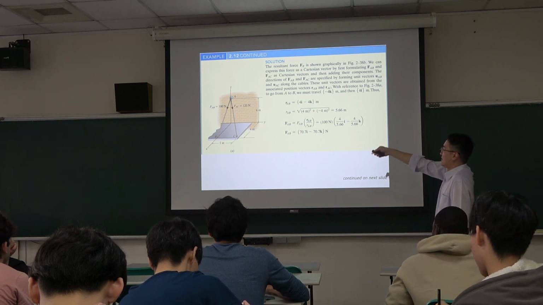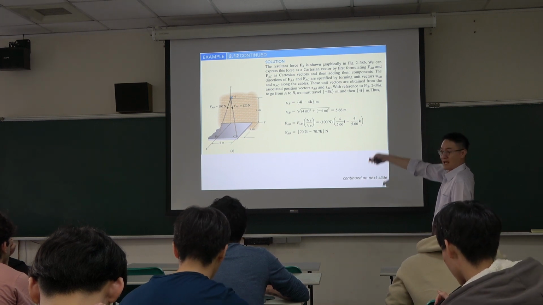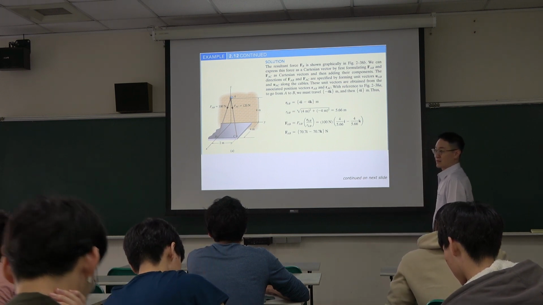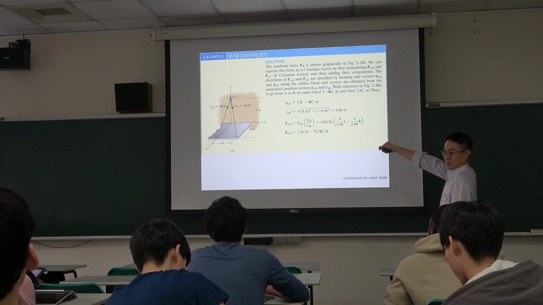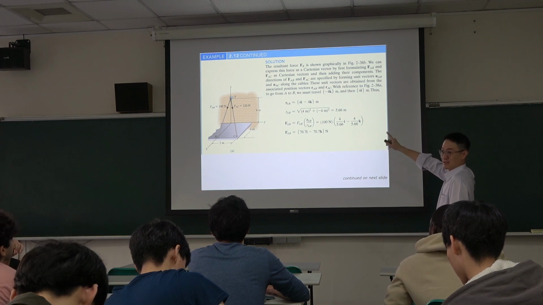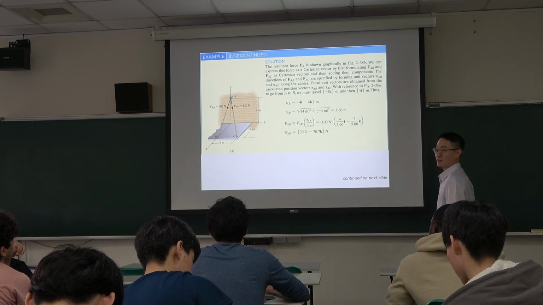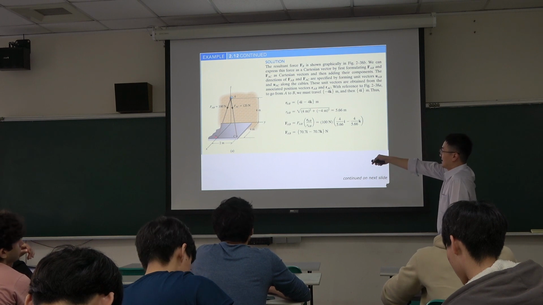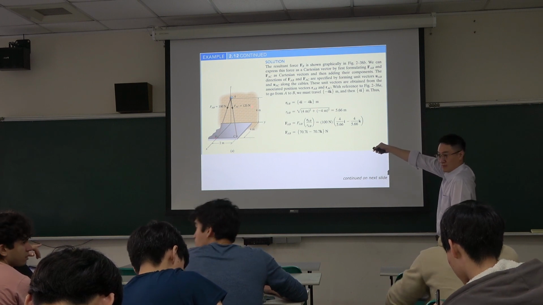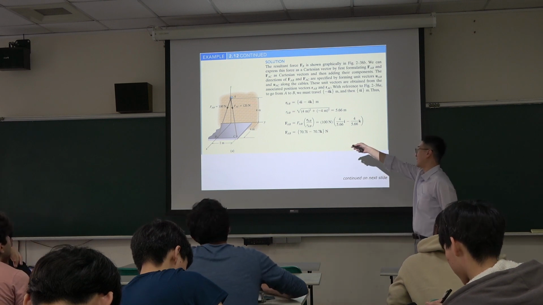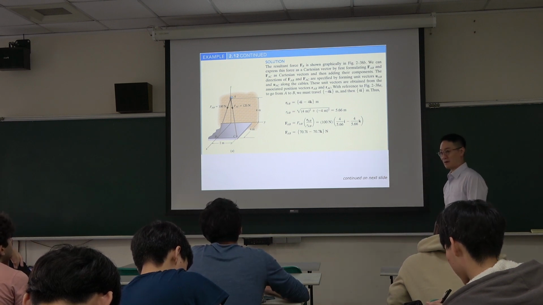Then they are along the xz plane, so there is no y value. J disappears because along the xz plane, no y value. Then for z is 0 minus 4, so we got negative 4 here.